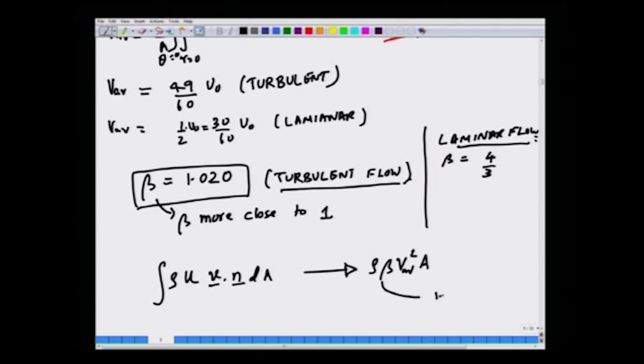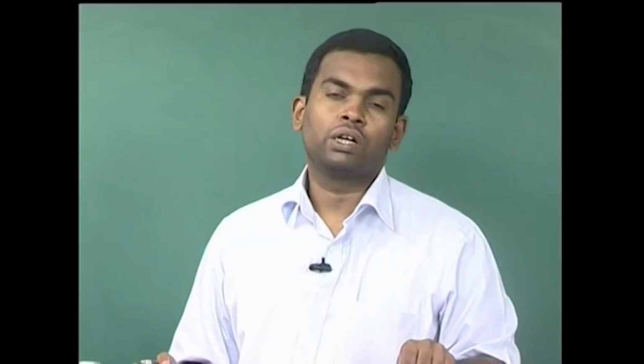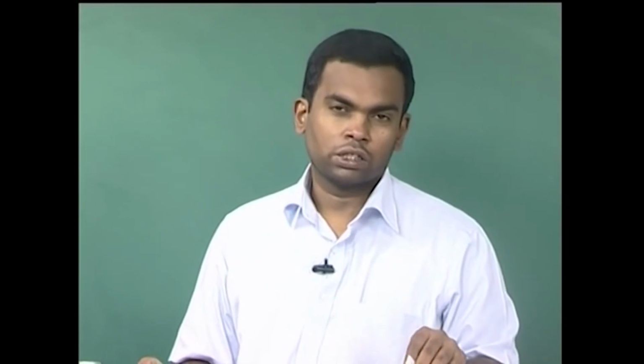So, we can use beta approximately 1 for turbulent flow, and beta is exactly equal to 4 by 3 for laminar flow. Okay. So, this is the advantage of using the momentum correction factor whenever you have internal flow through conduits such as flow through pipes and so on.